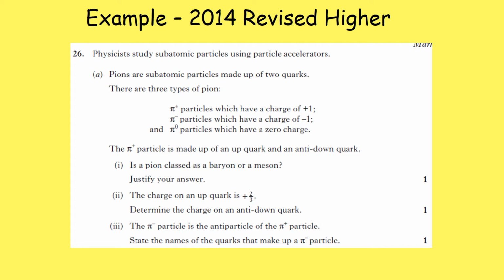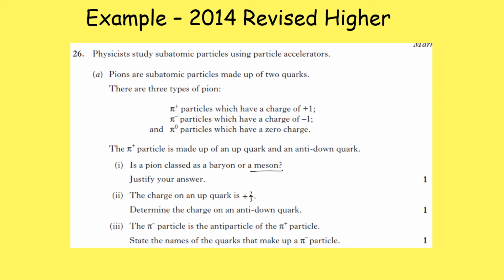A pion plus particle is made up of an up quark and an anti-down quark. Is a pion classed as a baryon or a meson? Well, pions are made up of two quarks, so that means they must be mesons. The charge on an up quark is +2/3. Determine the charge on an anti-down quark.